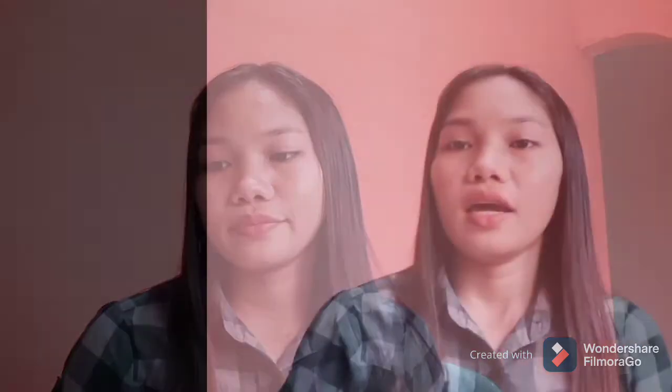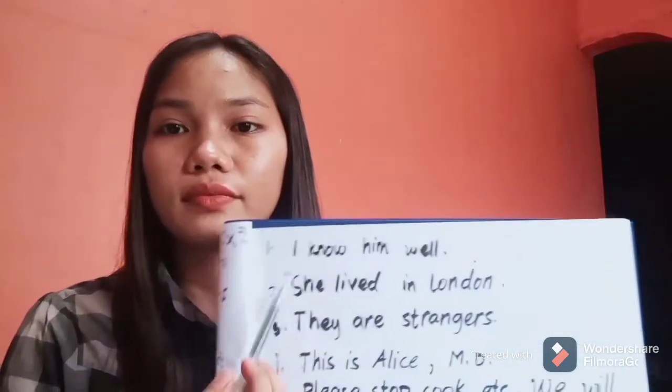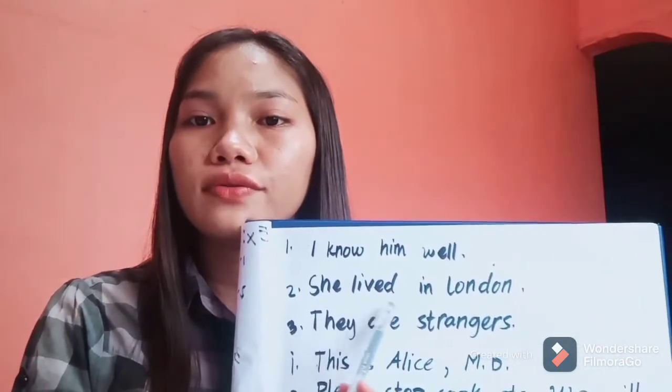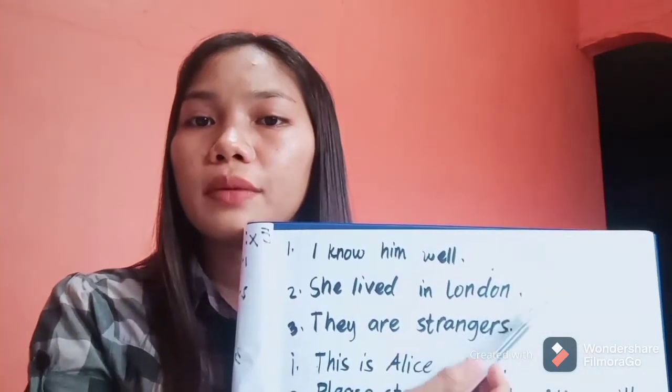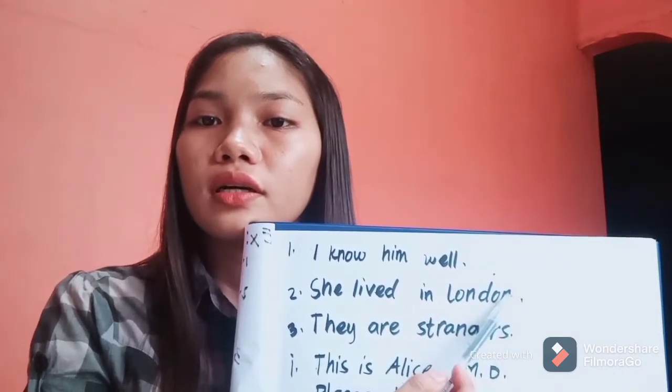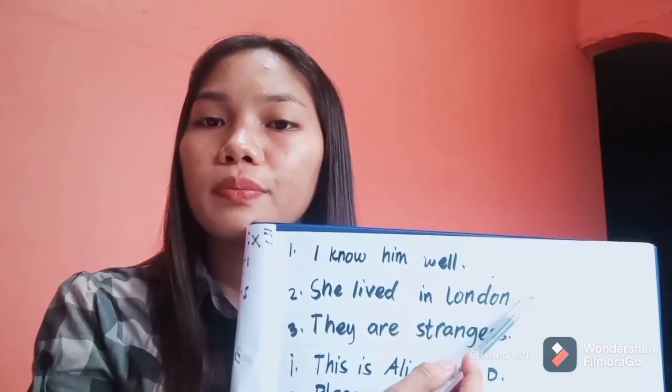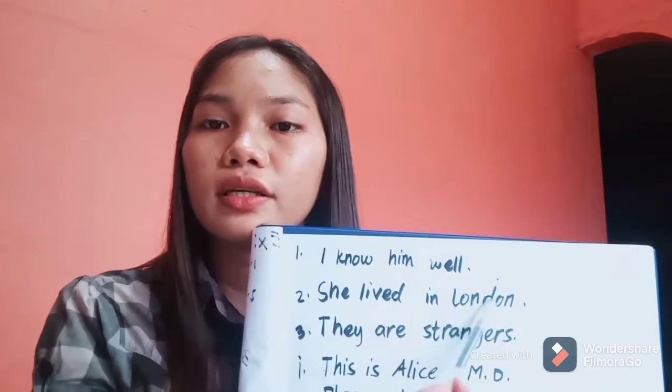So we're done with the spacing with punctuations, and let's go forward to the use of periods. In rule number 1 of periods, use a period at the end of a complete sentence. For example, she lived in London. I put the period because it is a complete sentence.